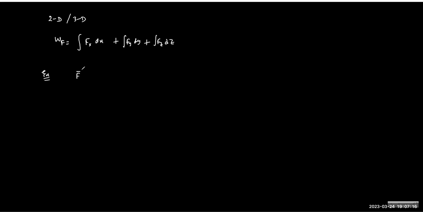Let's say a force is written as x square i cap plus 2y j cap plus z k cap, and a particle goes from A to B, and the coordinates are shown to you.